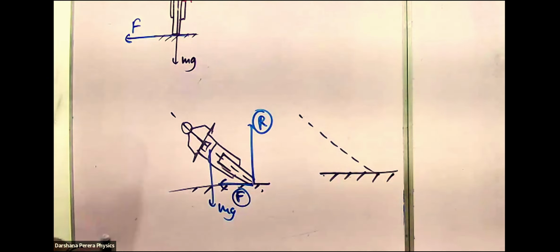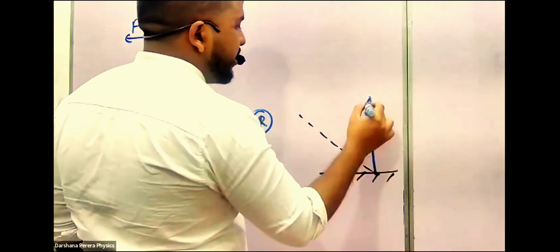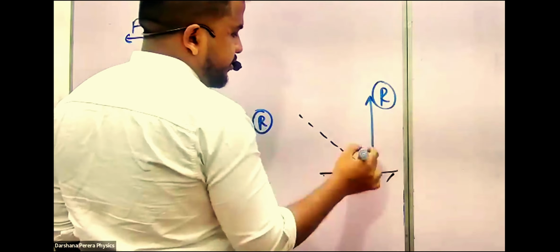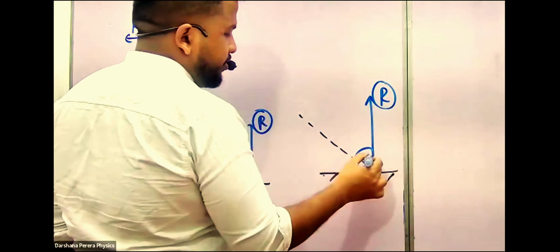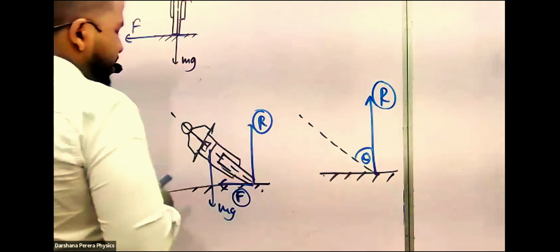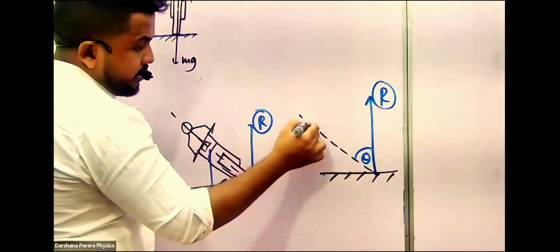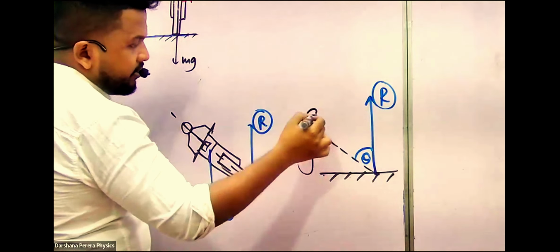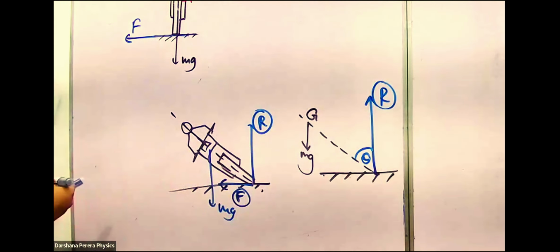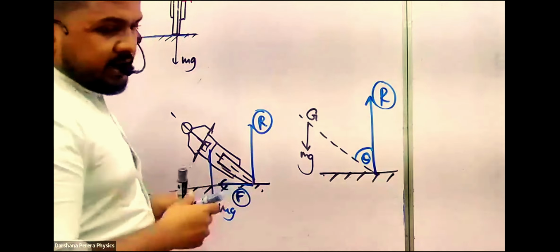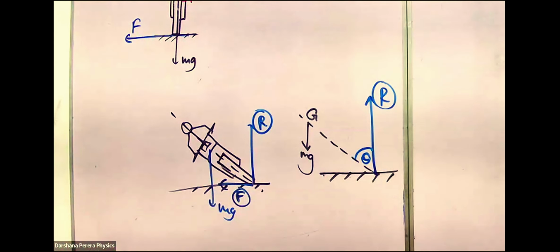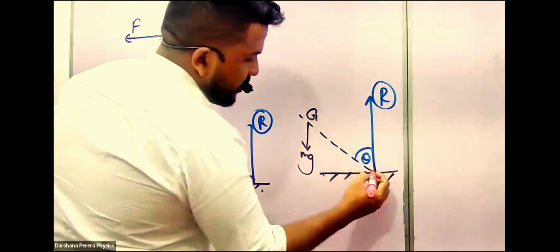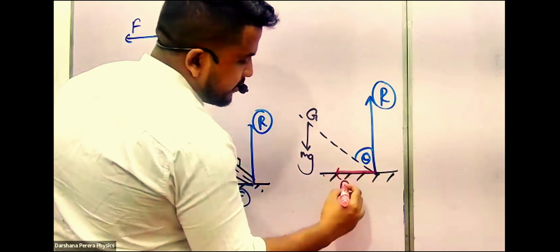The angle to the horizontal is theta. The mass Mg acts at G, and it creates the frictional force, which acts in this direction.